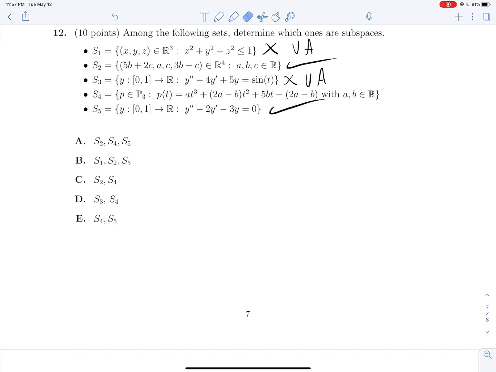multiplication. Now finally, number 4 is a pretty complicated looking polynomial subspace, but you can test this for yourself with some values for a and b if you don't believe me, and it works perfectly fine under vector addition and scalar multiplication.